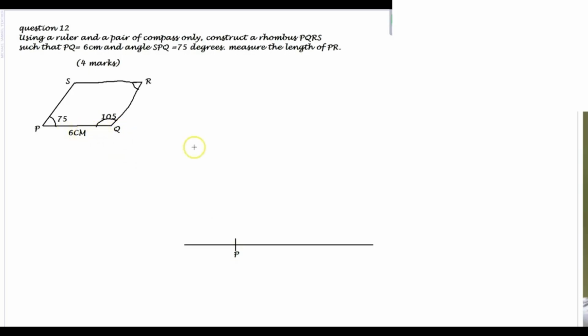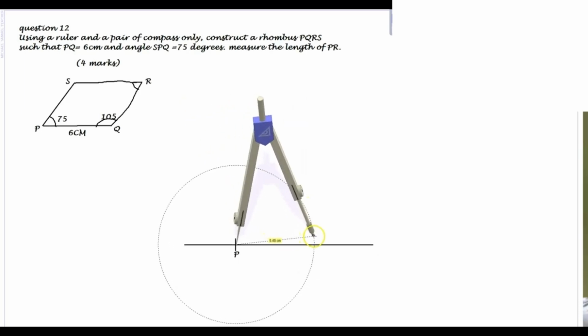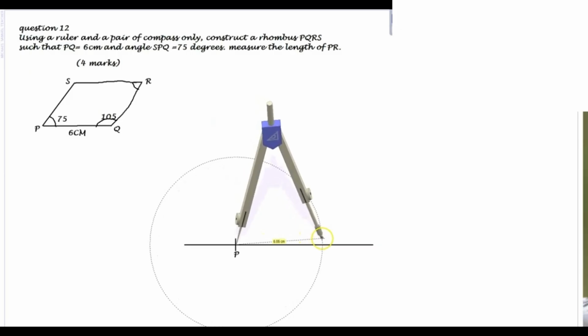So using a compass, we measure 6 centimeter. Point Q. So this is 6 centimeter.